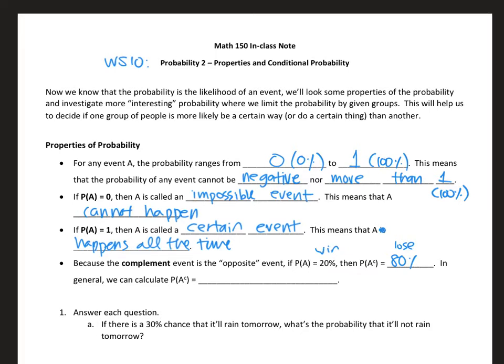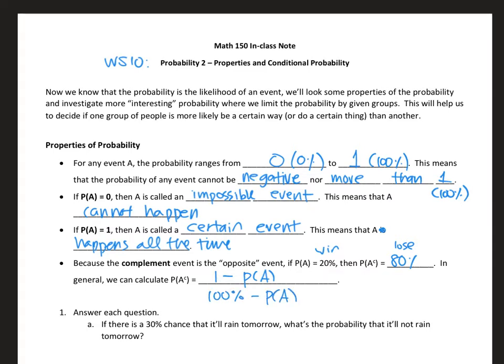In general, we can calculate the probability of A complement by 1 minus probability of A. How do I calculate 80%? It was 100% minus 20%. So I can look at it as 1 minus probability of A, or in terms of percent, 100% minus probability of A.